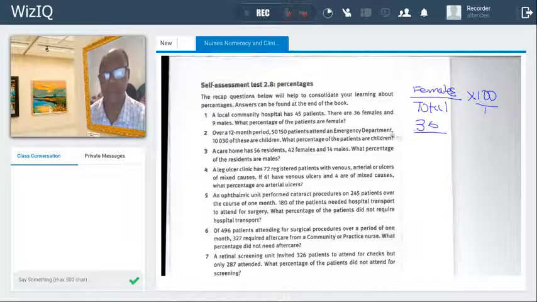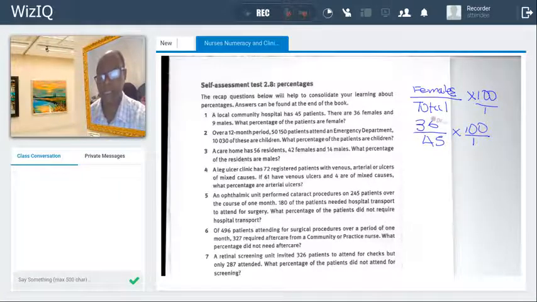The total you could put as 36 plus 9, but they have already given you that number, 45. Then you multiply that by 100. You could put it over 1, that's fine.